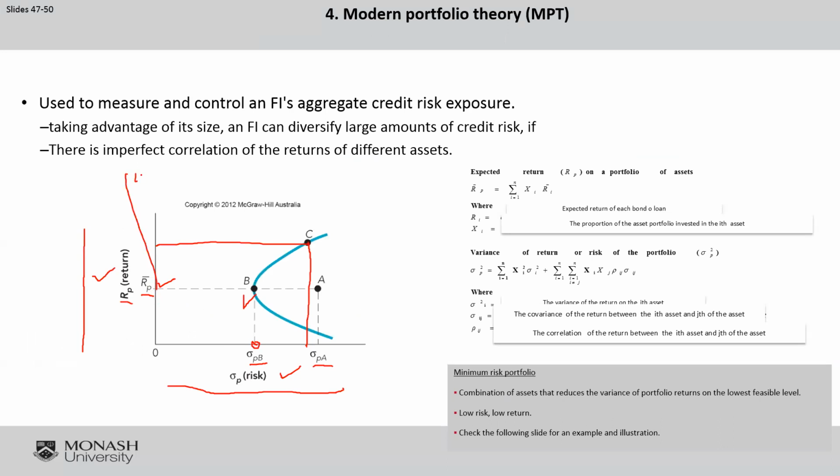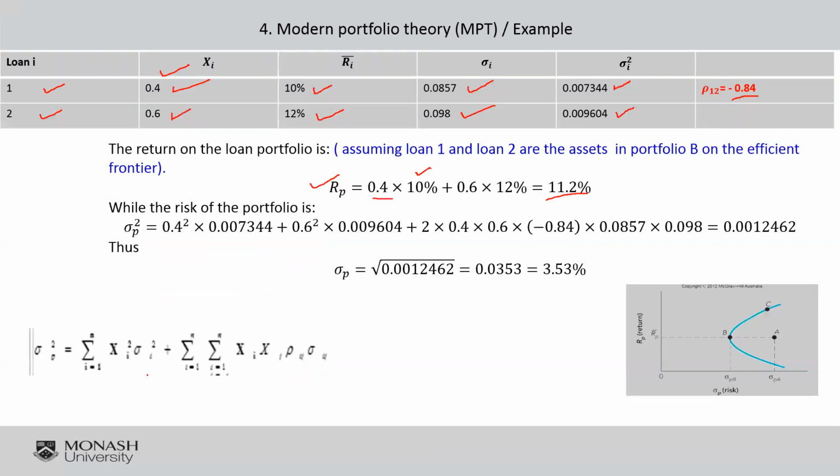So the 11.2% will be here at this point. We are talking about this portfolio, if this is the best portfolio. Now, you will find the risk. You can get it from this formula, which is: you have to bring all your assets, square the weights and multiply them by the variance, and then add them up, plus 2 times the two weights times the standard deviations.